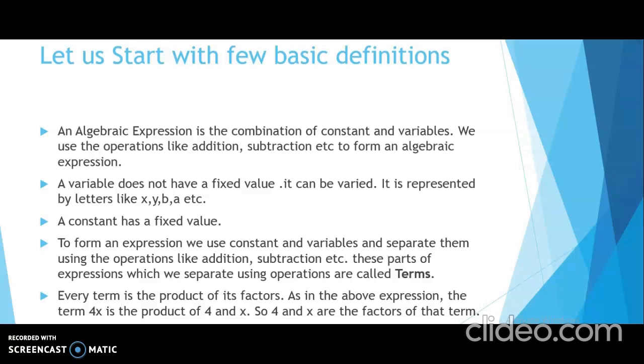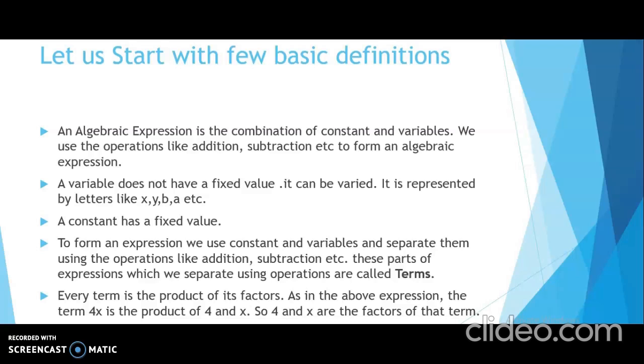So an algebraic expression is the combination of constants and variables. We use operations like addition, subtraction, etc. to form an algebraic expression. And what would be the example of an algebraic expression?